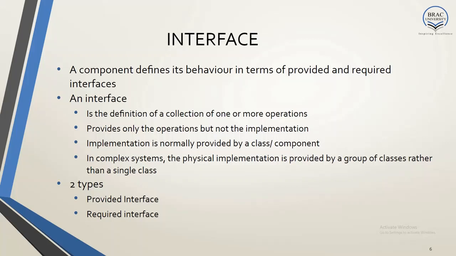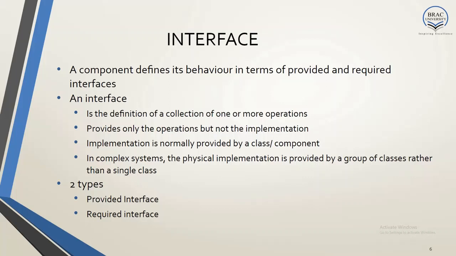So it's basically a set or collection of operations that it can provide to its environment or it may require, and the implementation is normally provided by another class or component or the component itself, because there is actually no implementation going on within the interface itself, but the implementation happens within the component or other components. In a complex system, this implementation may be provided by multiple components rather than a single one.